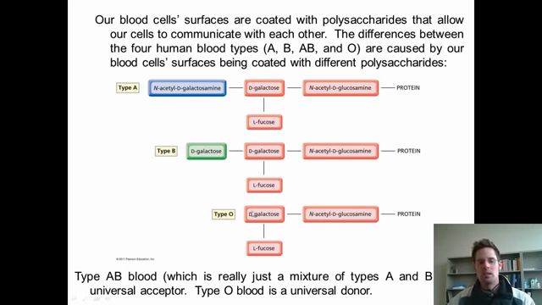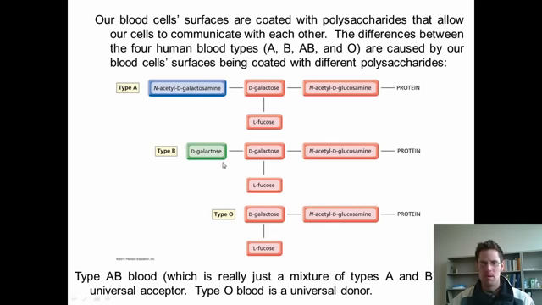Type O lacks these extra appendages dangling off of them, which means that type O can donate to anyone. Anyone who has type A or type B can accept type O, because type O has the exact same internal structure as type A and type B. Unfortunately, type O can only receive from type O. If you tried to give type A to a person with type O blood, their body would see this extra N-acetyl D-galactosamine as a foreign invader and would not accept it.